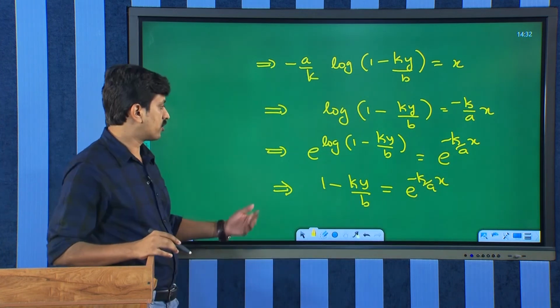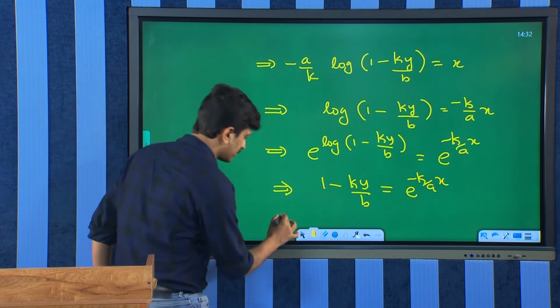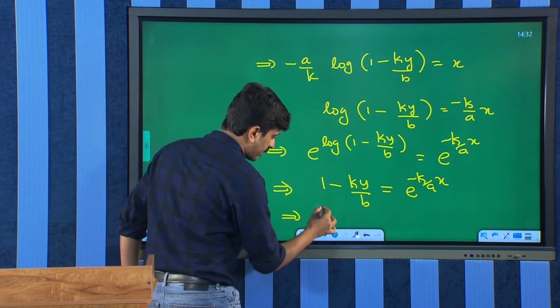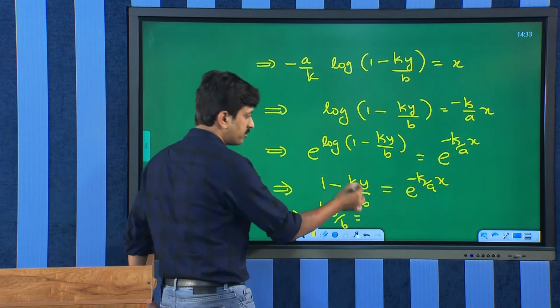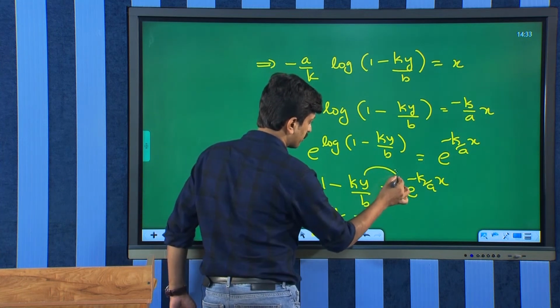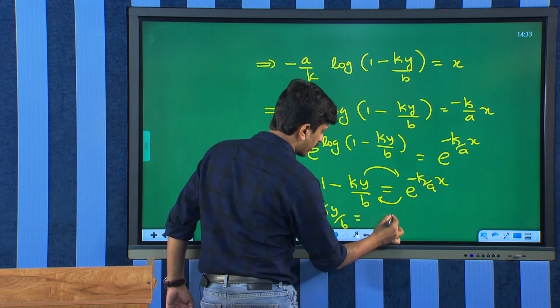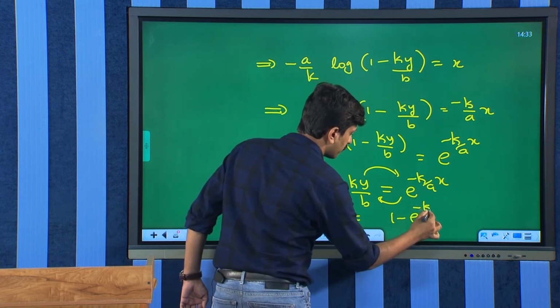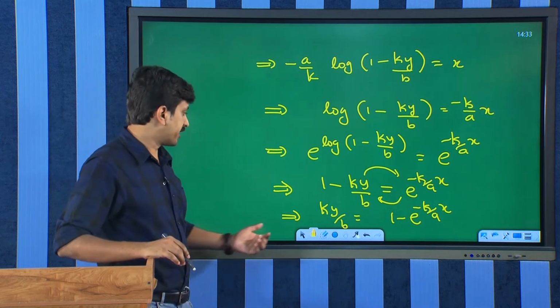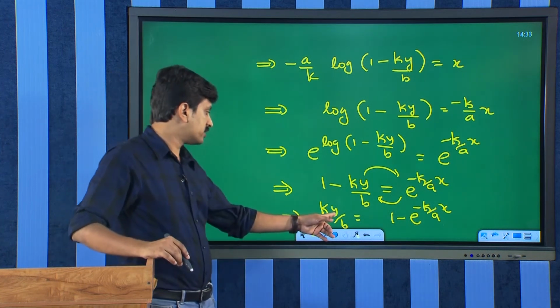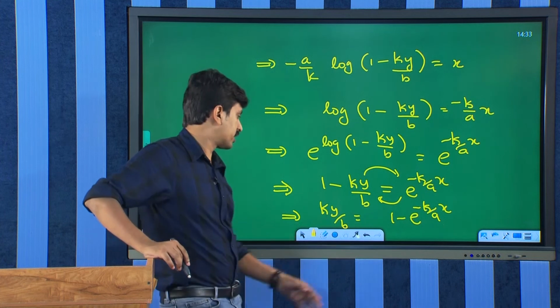So, ky by b is equal to 1 minus e raised to minus k by a x. Okay, fine. So, we keep only y on one side.